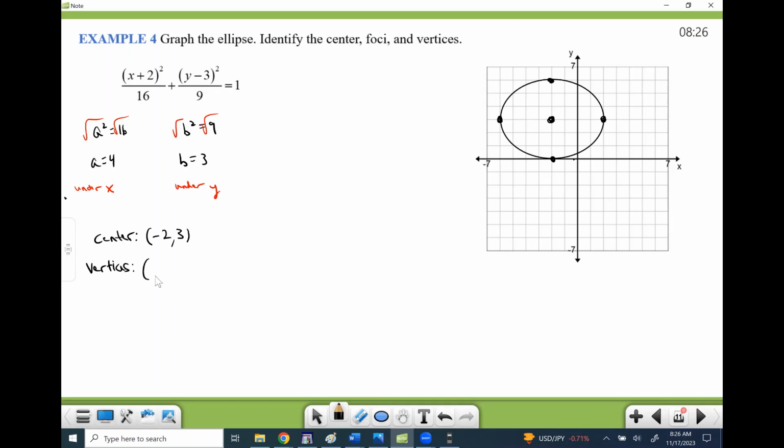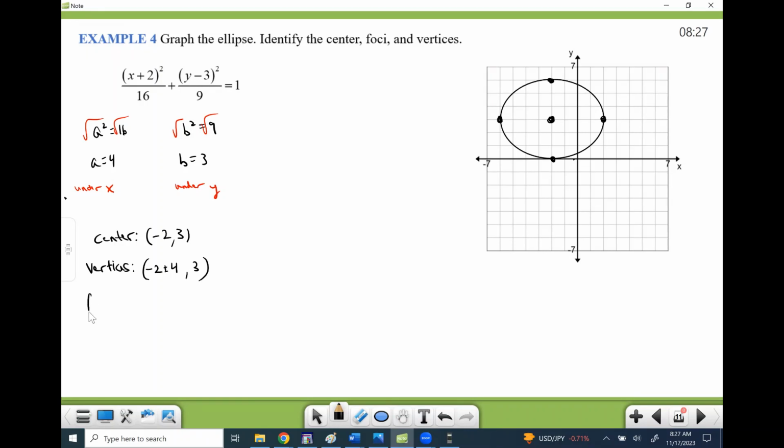Technically, if I'm using those formulas, because I'm bigger in the x direction, I'm going to take my center and I'm going to add and subtract a to the x value. And remember, it's a because a is always the letter that goes with the vertices. b is the letter that goes with the covertices, and c is the letter that goes with the foci.